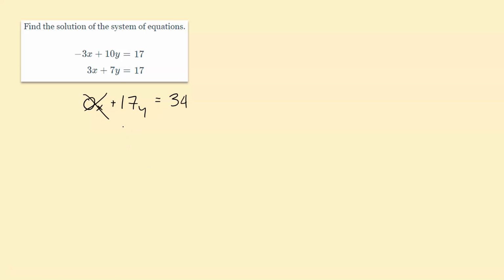So then we just have 17y equals 34. And then we can divide both sides by 17. And we get y equals 2. And then from here, we can plug this back into one of these equations and solve for x. So I'm going to go ahead and do that now.